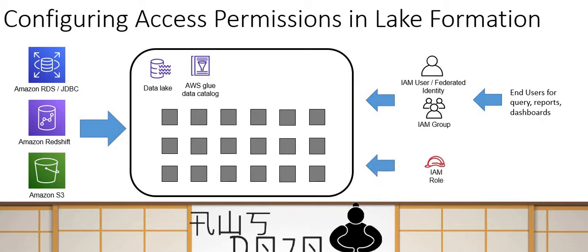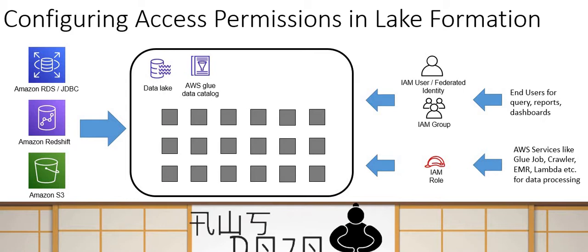Then you also provide access permissions to IAM roles, which are primarily used by other AWS services like a Glue job, Glue crawler, EMR or Lambda, primarily for processing your data, or in the case of a crawler, generating the schema of the data.